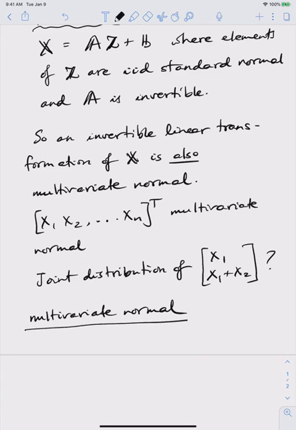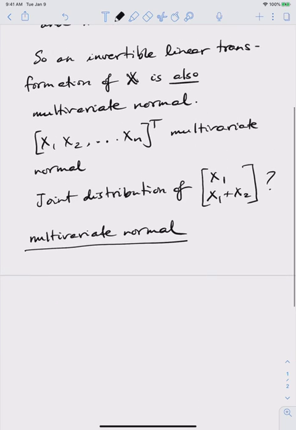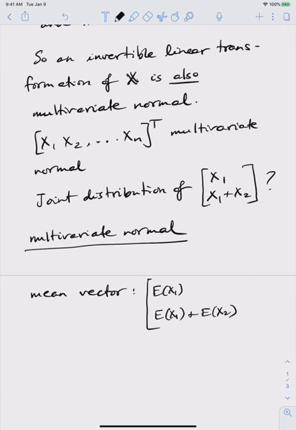And our job that remains is simply to find the mean vector and the covariance matrix. Well, what's the mean vector? Clearly, properties of means, it's mu x1. In fact, let me call it E[x1] because that's what we were calling it. This did not require any properties of multivariate normal, it's just properties of means.